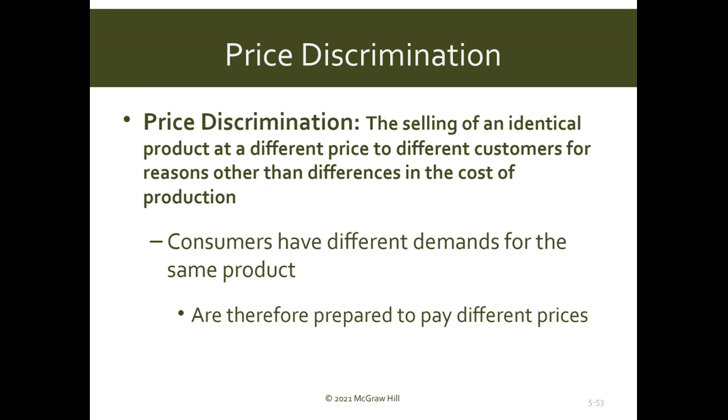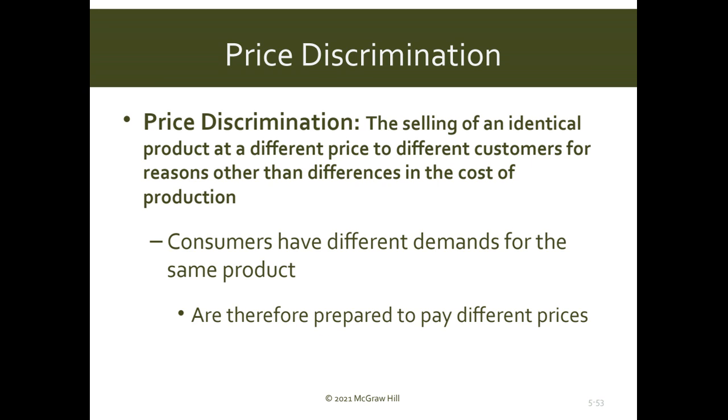So consumers have different demands for the same product, and are therefore prepared to pay different prices. For example, when there is a new release of the iPhone, the price is very high. Why?